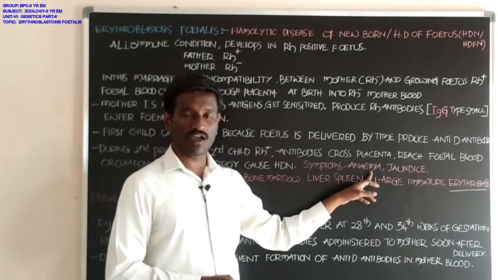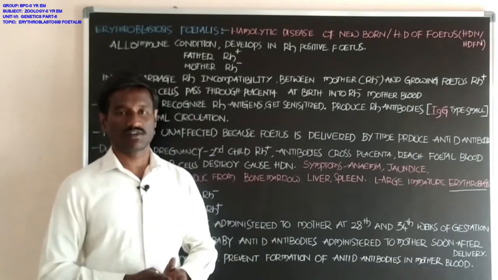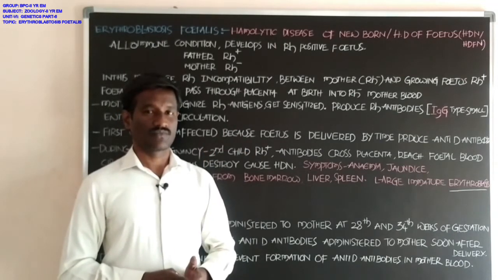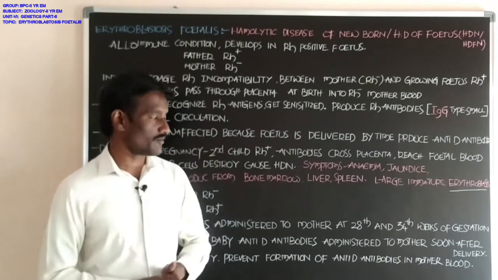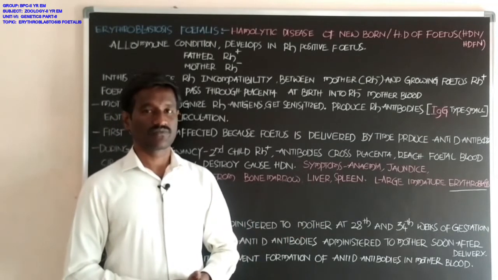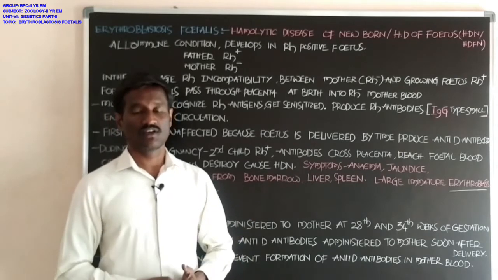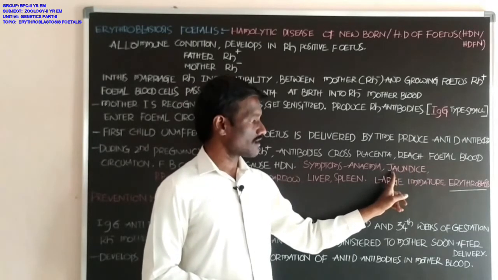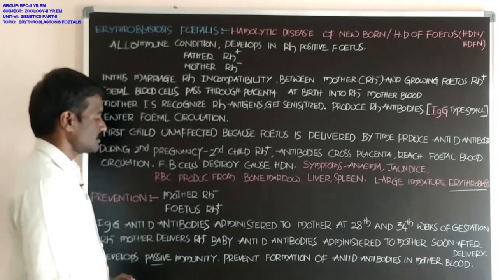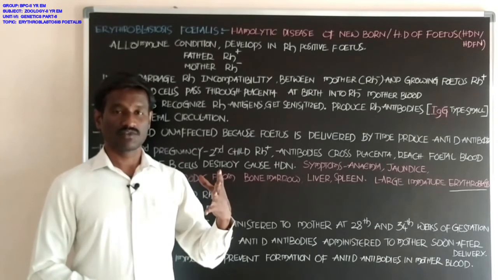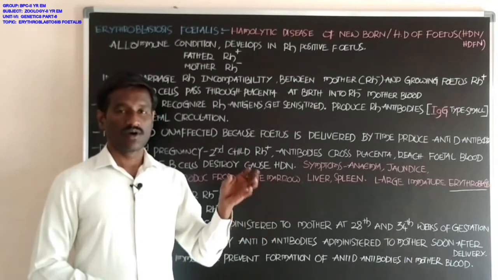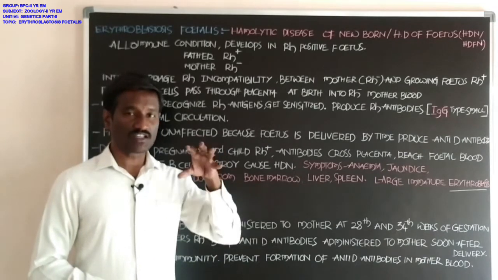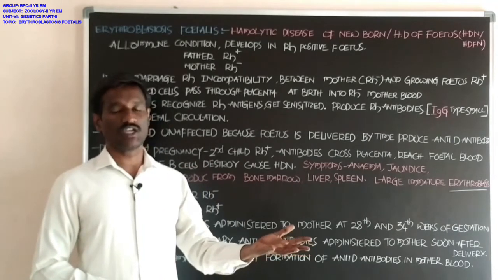What are the symptoms that appear in erythroblastosis foetalis? Symptoms are hemolytic anemia in the developing fetus, as red blood cells are continuously destroyed. With the destruction of red blood cells, bile juice is also secreted in excess from the liver, causing jaundice. Students, to compensate for the decreased red blood cells, the bone marrow, liver and spleen produce excess red blood cells.